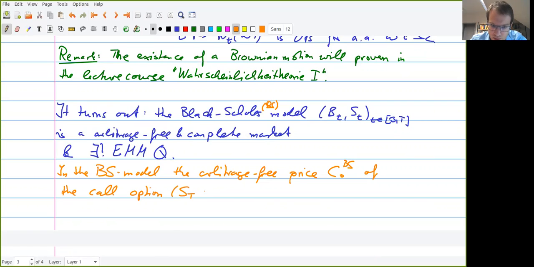Right, this is the call option, so you have the right to buy an asset for the strike price K at the terminal time T, is... okay, Black-Scholes.